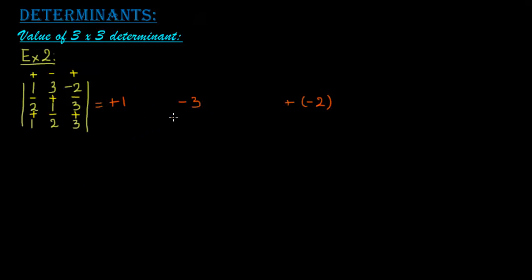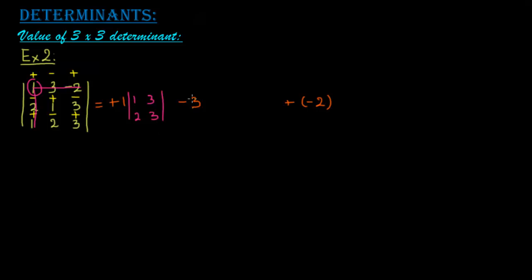Each of these 3 will go with a small determinant 2 by 2. How can I get that determinant? Right now I look at the first coefficient. I'm gonna cross out the row and the column that has that number. So it gives me what? 1, 3, 2, 3. Okay.